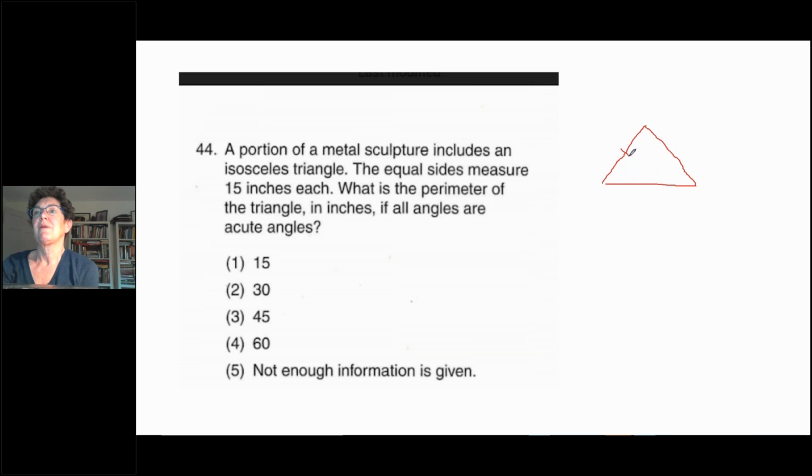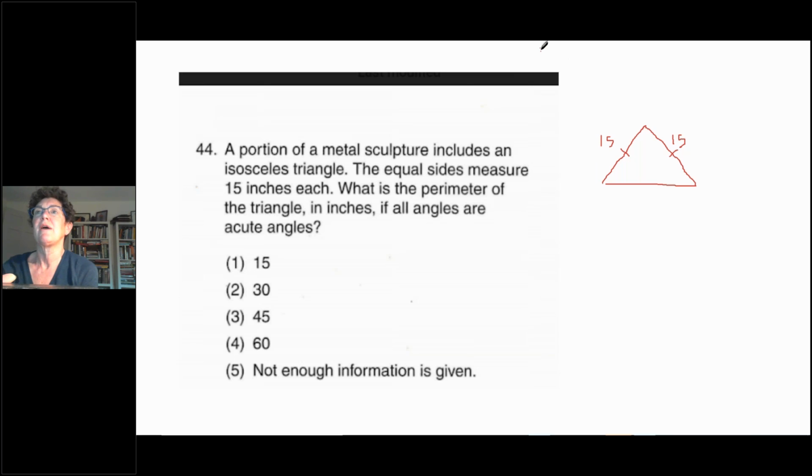So this side and this side are equal, and that's 15, and this one is 15. I know that perimeter is side plus side plus side.